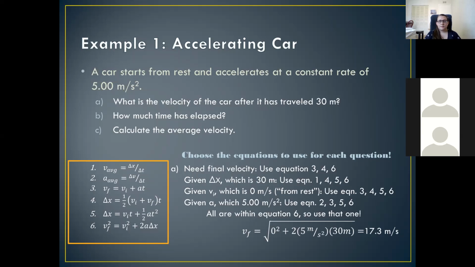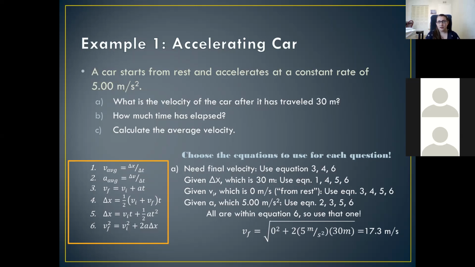Okay. So now let's think about the things that we are given in the problem. We're given the change in position, its displacement of 30 meters. So we can see change in position in equation 1, in equation 4, in equation 5, and in equation 6. So we could use one of those, but let's look at the other things that we're given. We know the car starts from rest, so its initial velocity is 0.